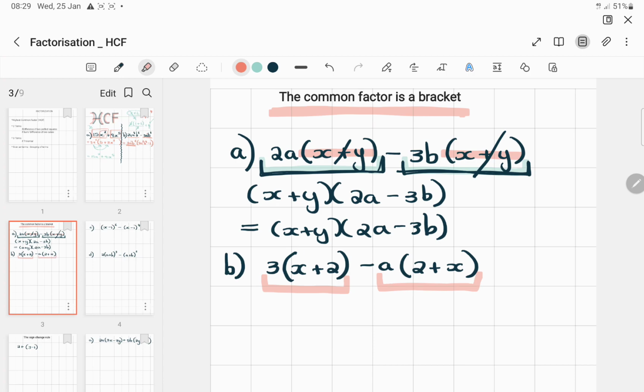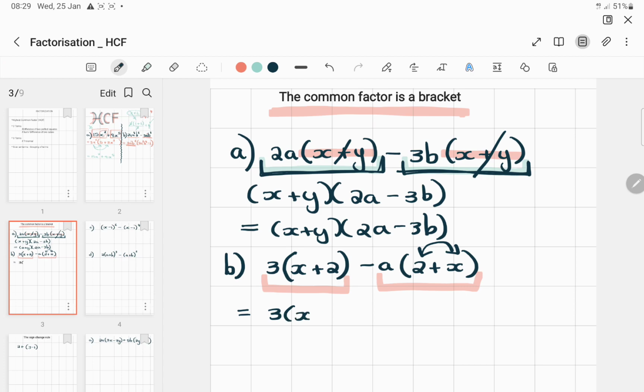If you've got x plus 2 and 2 plus x, remember that 1 plus 2 is the same as saying 2 plus 1. So you're not going to change the value of that sum by just swapping these 2 around. So there's no sign change needed. All you're going to do is swap it around.